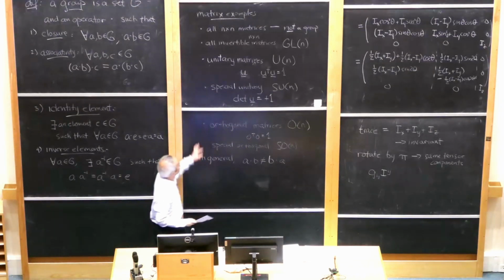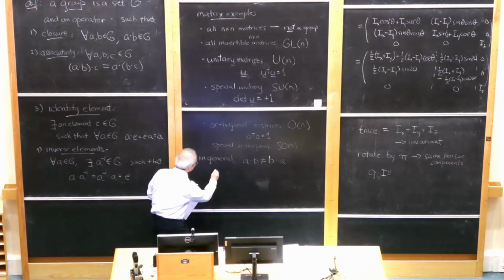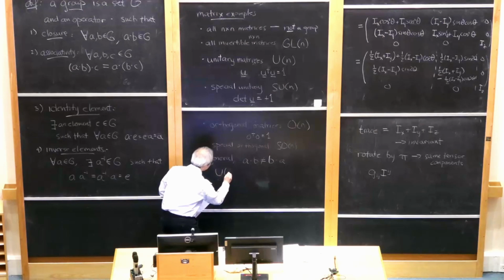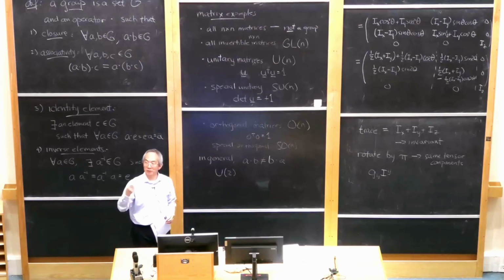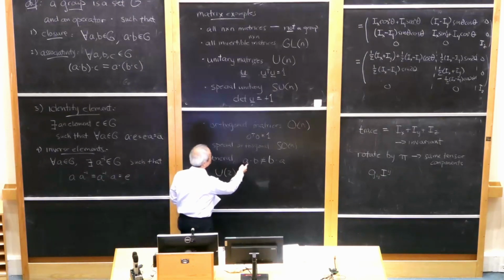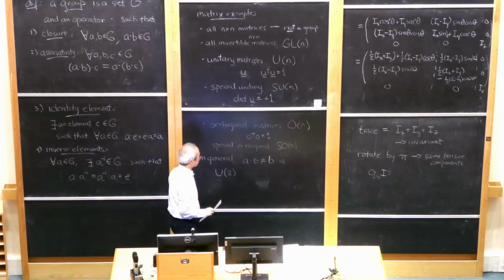And in fact, for U(2), this is certainly not the case, or O(2), or actually, O(2) is fine. O(3), you will not actually have commutativity, the rotations are not commutative.